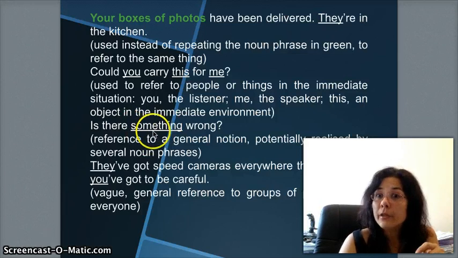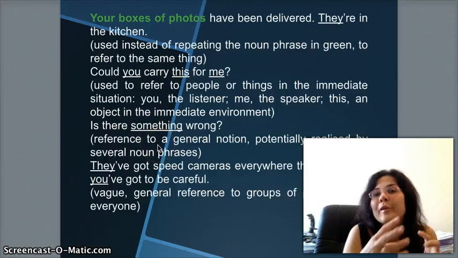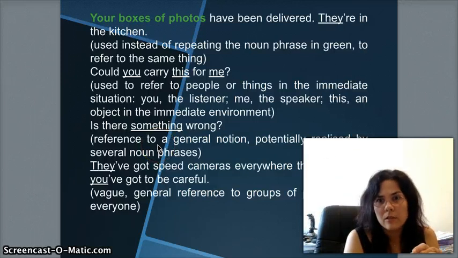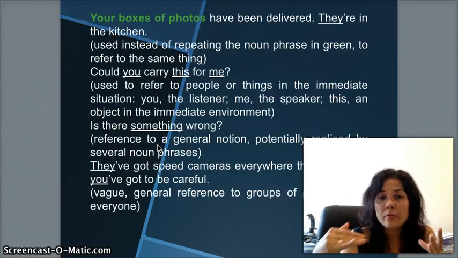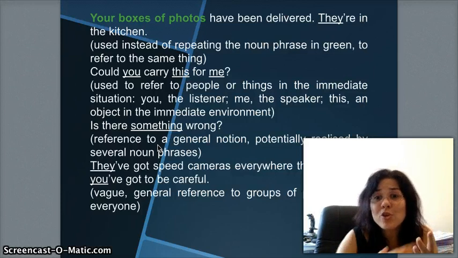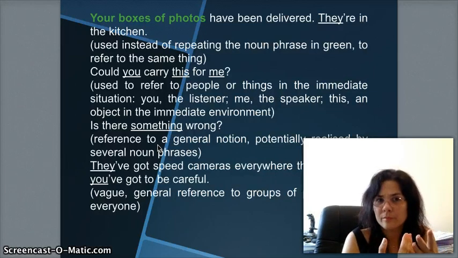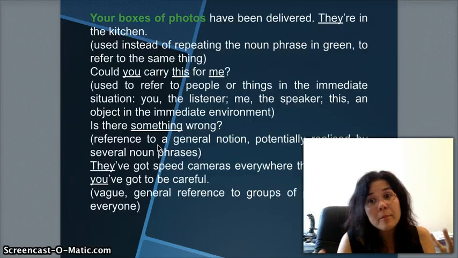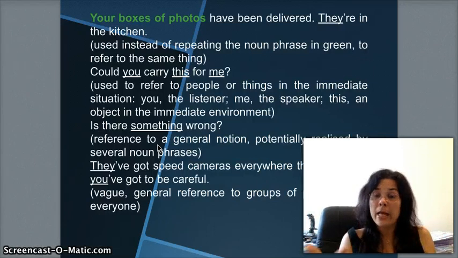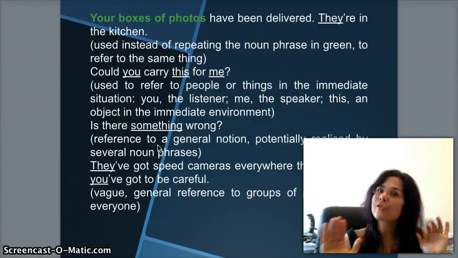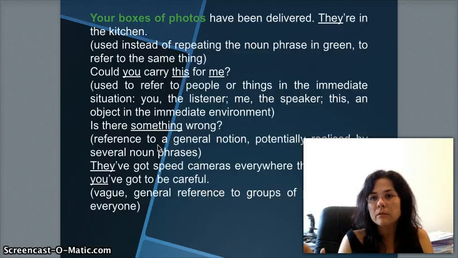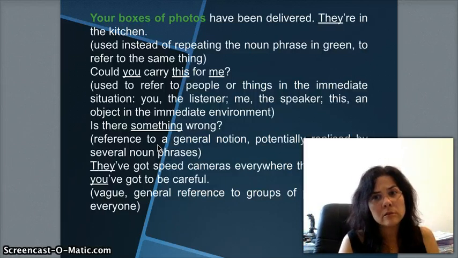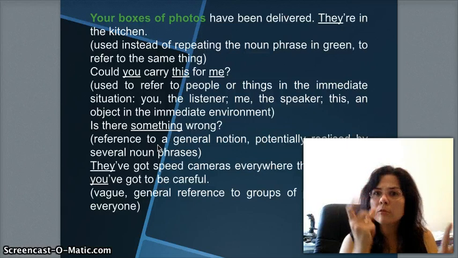And here, we are not referring to something previously said. Here we are referring to a general notion. So quite probably I realized that things weren't okay. I'm just checking. Is there something wrong? So it's the general notion.